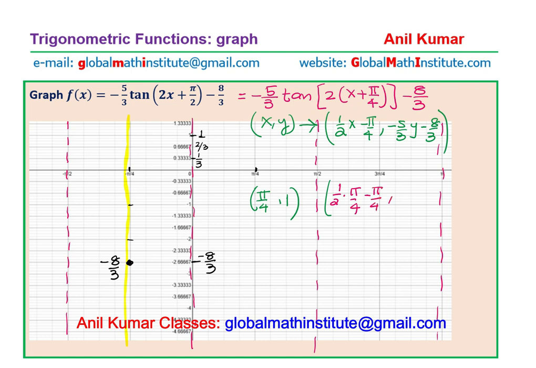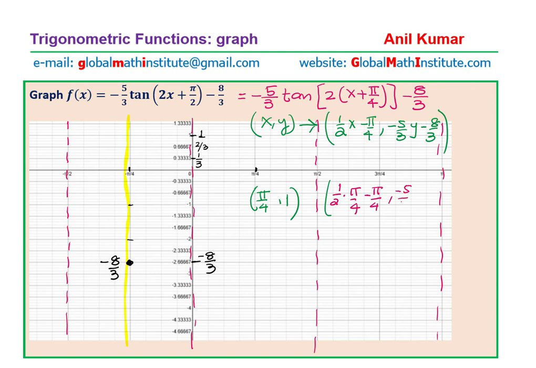And the y values get multiplied with 1, means minus 5 by 3 minus 8 by 3. Correct? So let's calculate. So it is pi by 8 minus pi by 4, which gives you minus pi by 8, right? So we get minus pi by 8. And the y value becomes minus 8 and 5, 13, right? Minus 13 by 3.